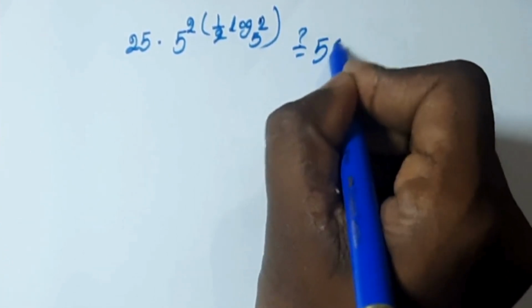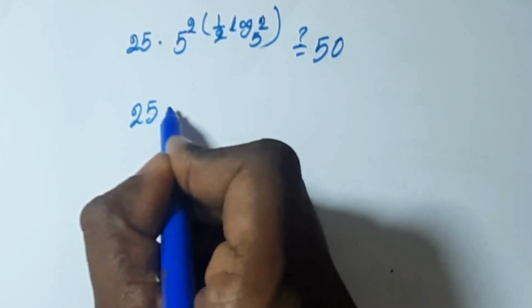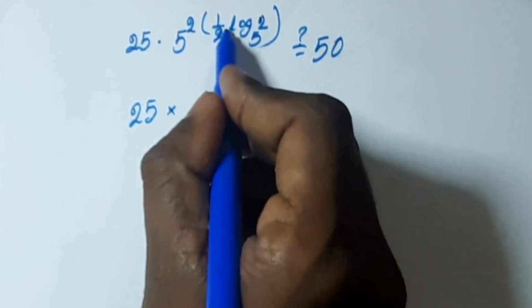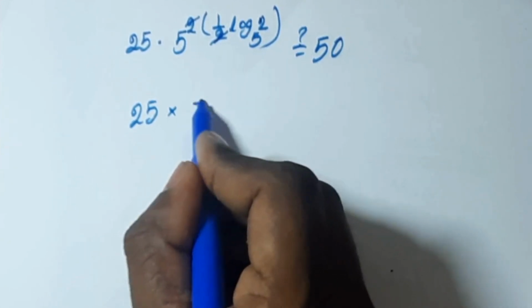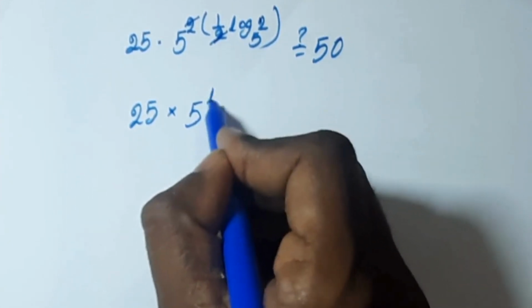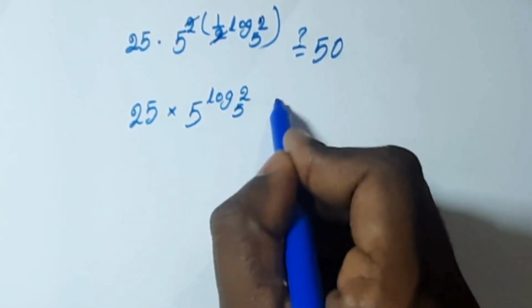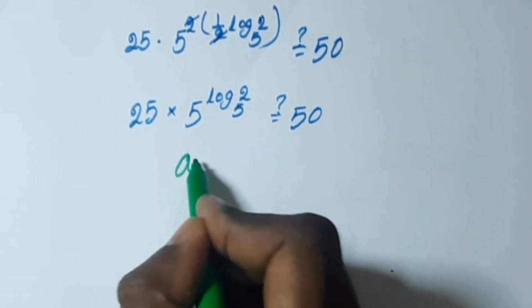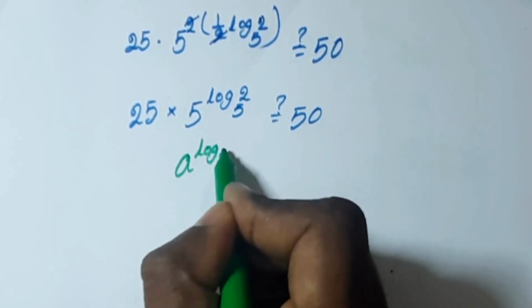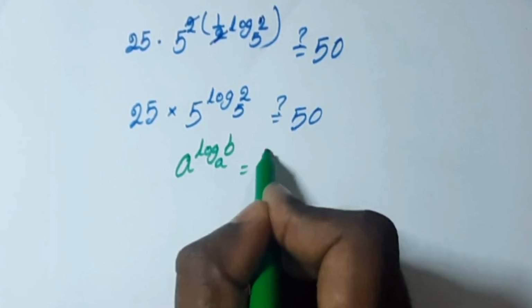Now 25 times of this 2 cancels this, so 5 to the power of log 2 base 5 equal to 50. A power log b base a equal to b.